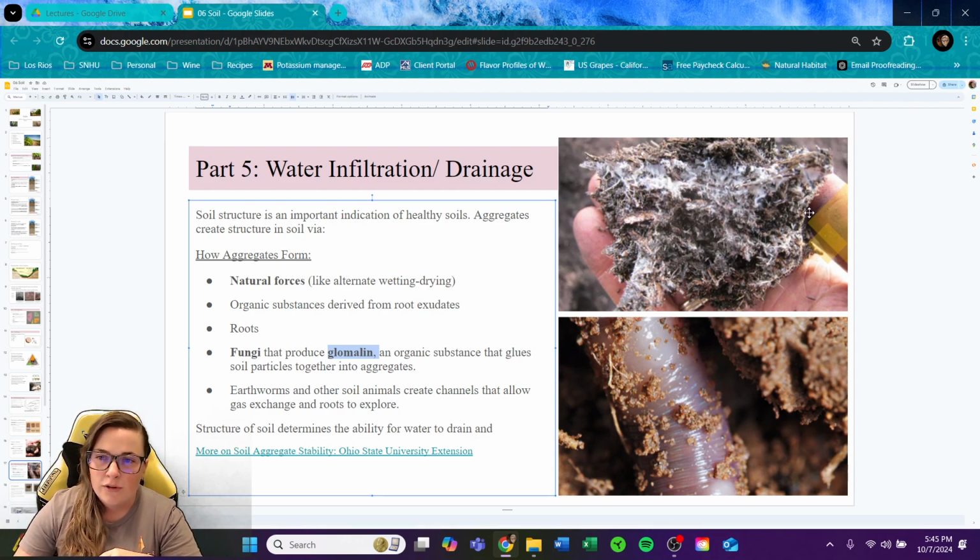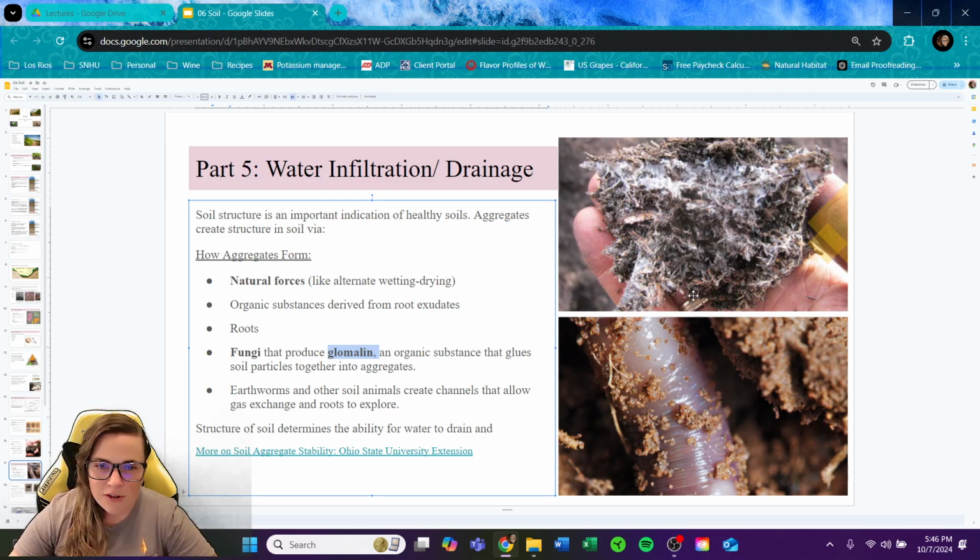So that's this wonderful picture that you see here. If you've ever been to a garden center and pulled out a potted plant and seen all this little white stuff, this is glomalin. You can find it in the topsoil where you have a lot of decomposing organic matter. That fungi loves that, so you'll see a lot of that white stuff.